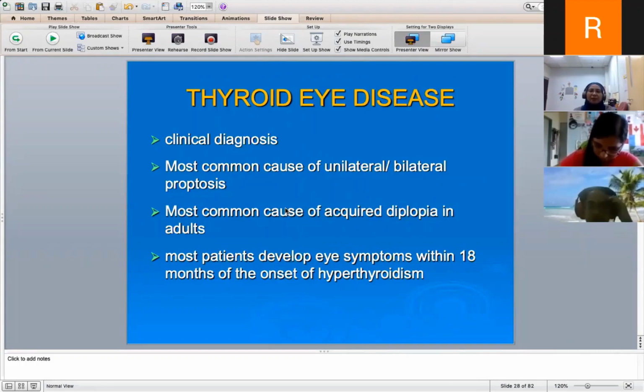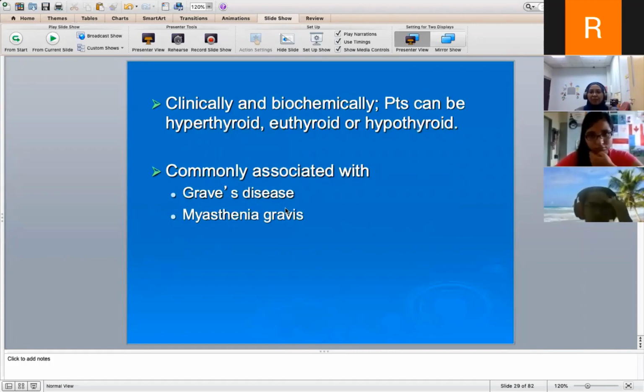Now, it's a more common cause of acquired diplopia in adults. Usually, it will occur within 18 months of the onset of hyperthyroidism. Usually it happens in hyperthyroid patients, not in hypo, but it can still happen. It is more common in Graves' disease, in hyperthyroid patients.